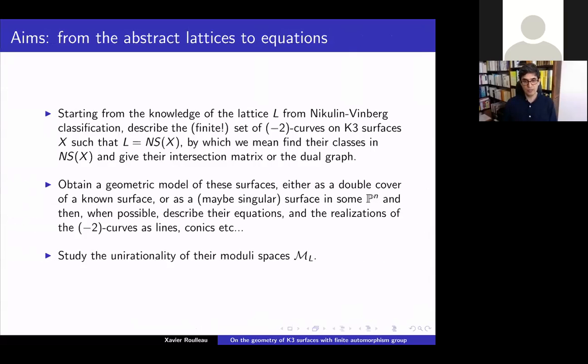So what I did for each of the 118 lattices, the first 2 points are done, and for the third point I obtain that at least 60 of these moduli spaces are unirational.